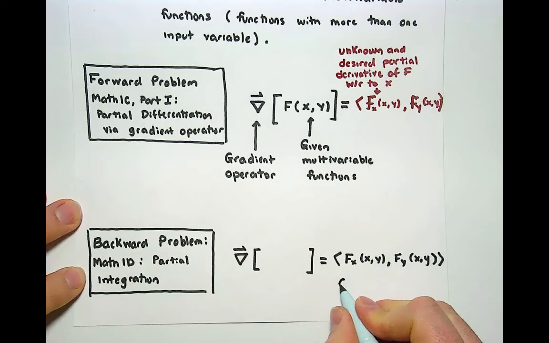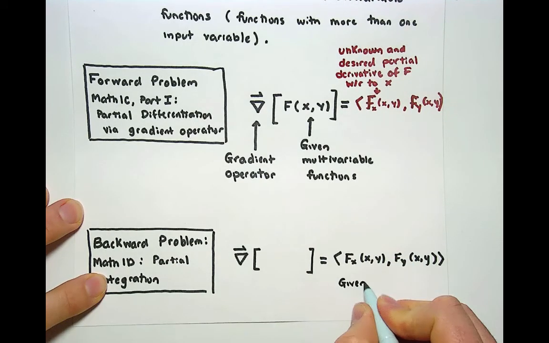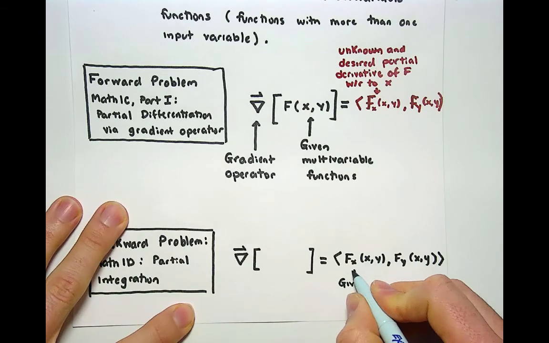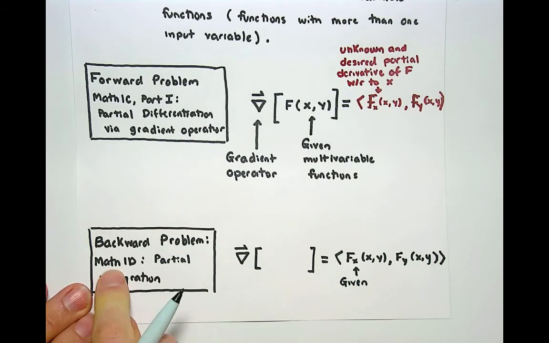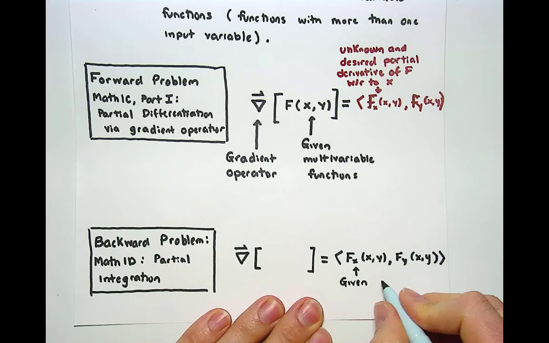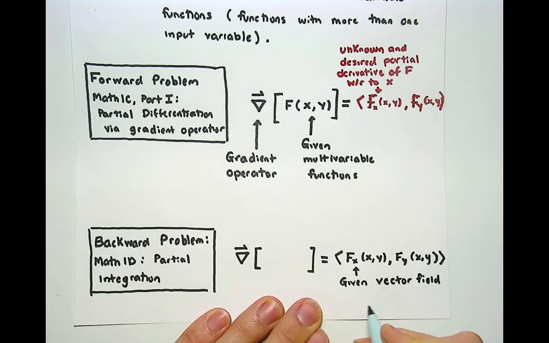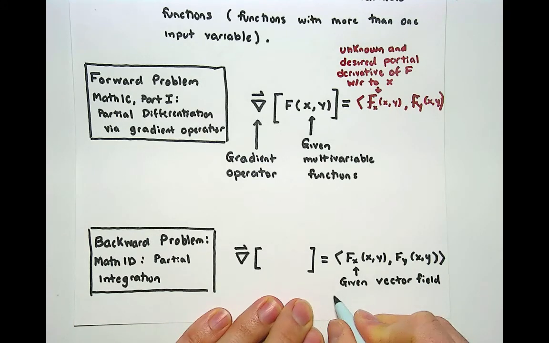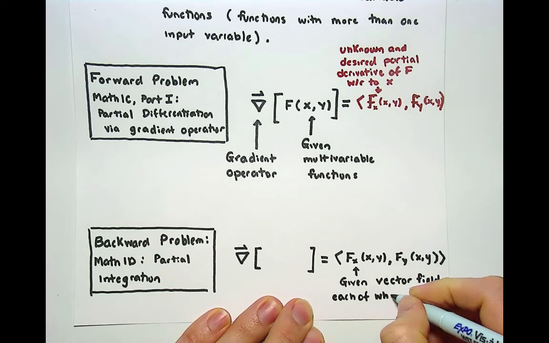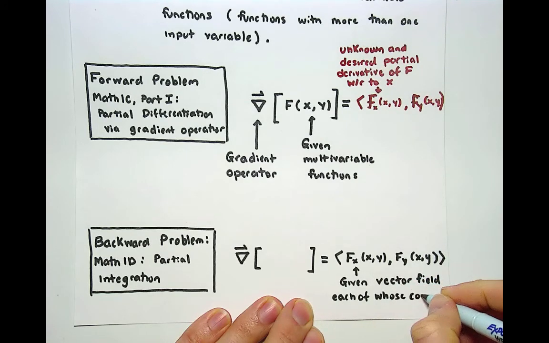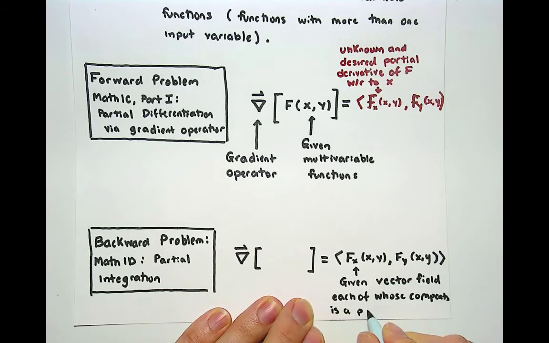And the claim in the backward problem, Math 1D, is this given vector field, it's kind of a formal name for the derivative of a multivariable function, each of whose components is a partial derivative.